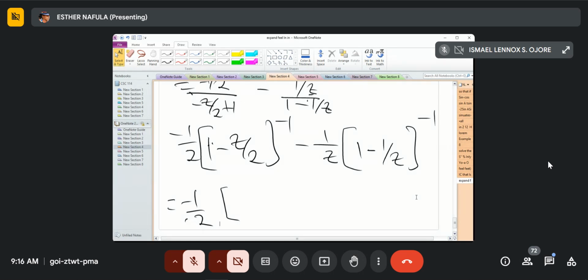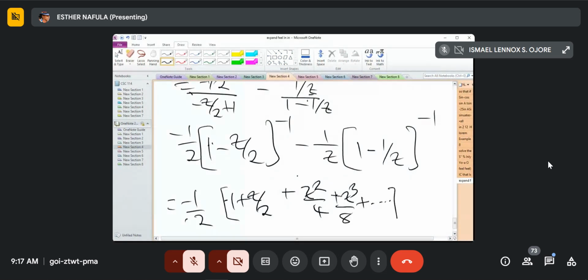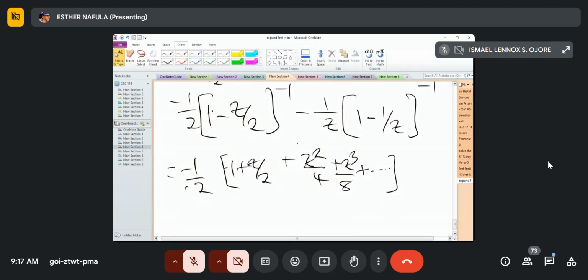If it's 1 minus, all the signs will be positive. If it's 1 plus, you'll have alternating signs. So 1 plus z over 2 plus z squared over 4 plus z cubed over 8 plus, and so on. Is it 8 or 64? 2 cubed is 8.